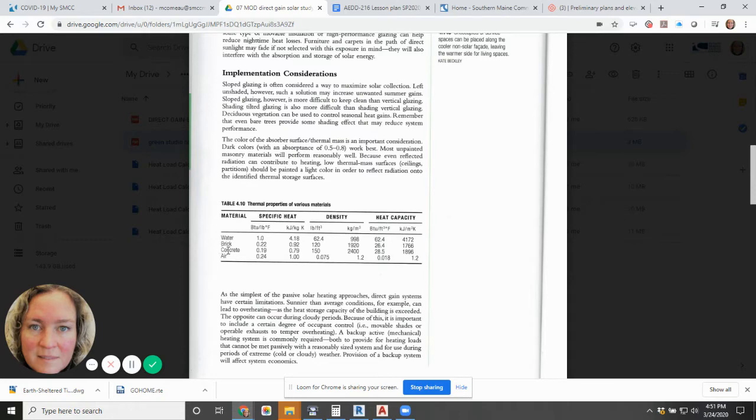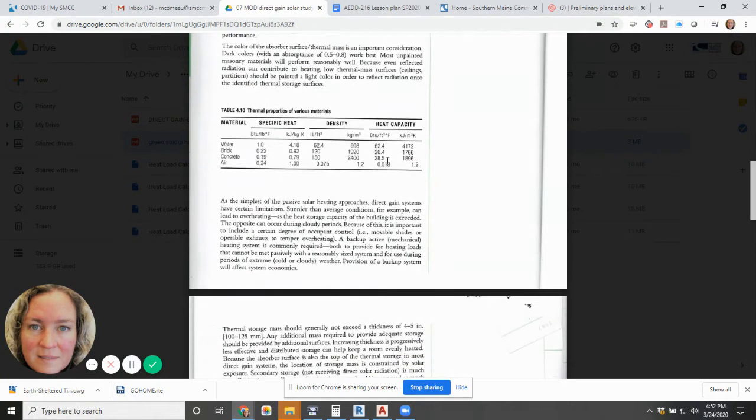So what I'm using in this example is concrete, 6 inches of concrete. I don't know what 1 pound of 6-inch concrete would weigh, but this gives you some idea of its thermal properties and what it can hold for capacity as far as BTUs and release later.